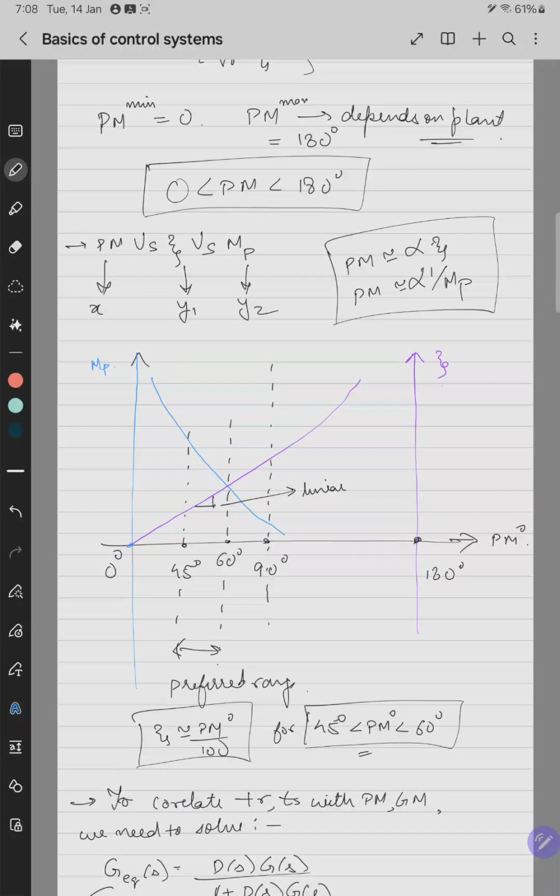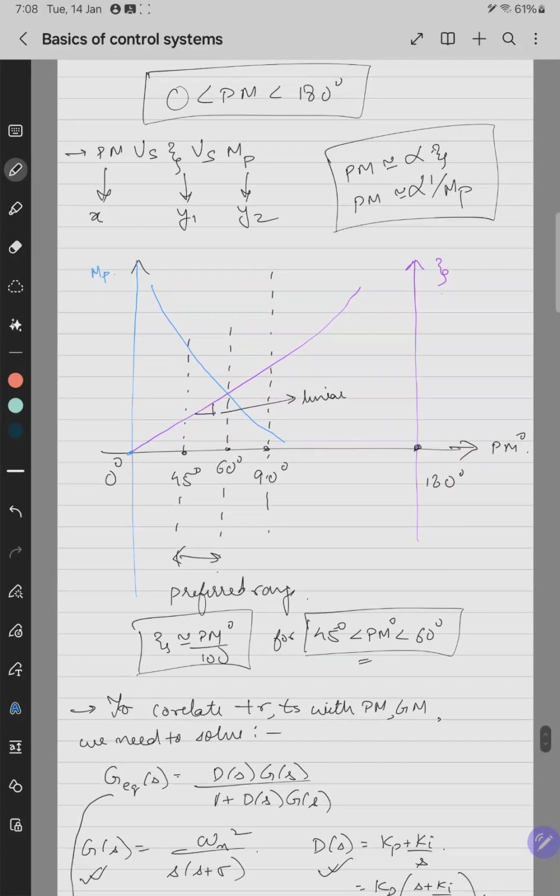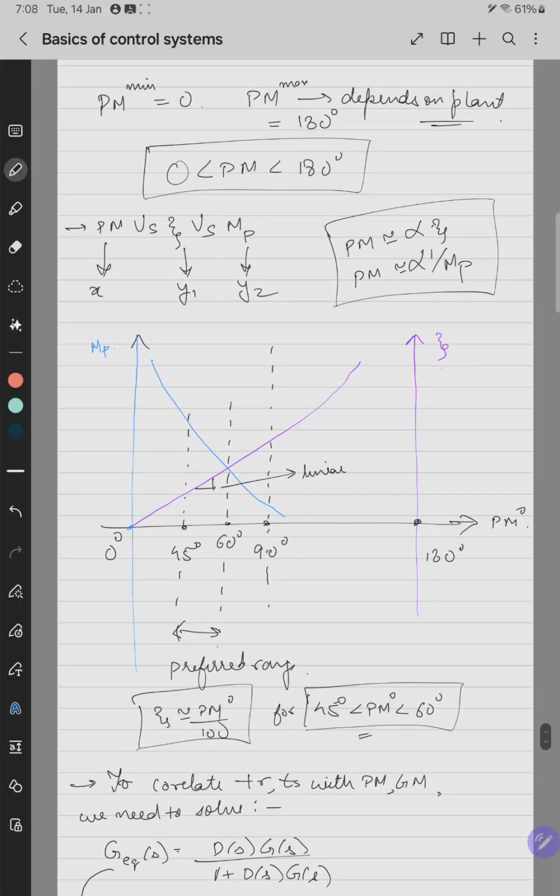In a small range of phase margin, the phase margin versus zeta relation is almost linear, and the phase margin versus peak overshoot relation is almost inversely proportional. So if you increase the damping, phase margin will increase, or with an increase of phase margin, damping will increase but peak overshoot will decrease. Similarly, its effect on rise time and settling time you can see by doing the closed loop analysis.